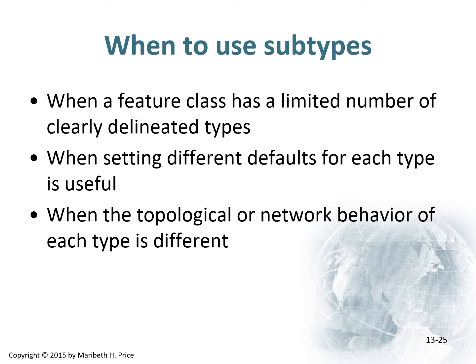When the topological or network behavior of each type is different, subtypes become important. So if, for example, you're looking at flow rate or pressure, then the size of the pipe makes a big difference.